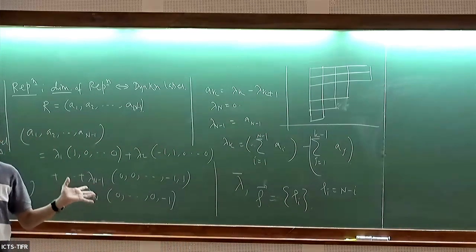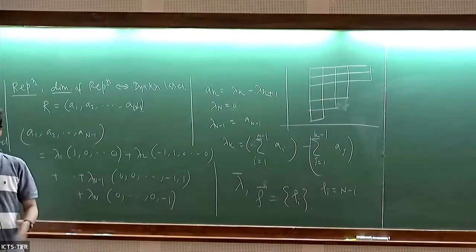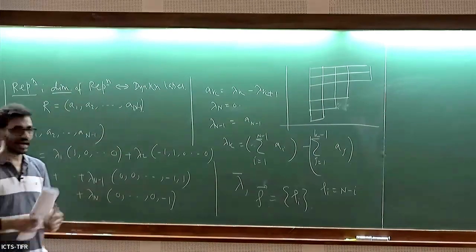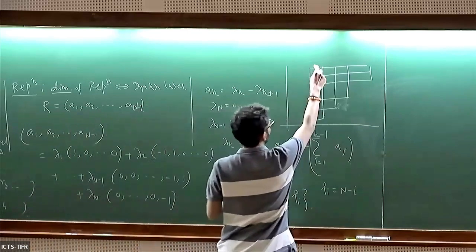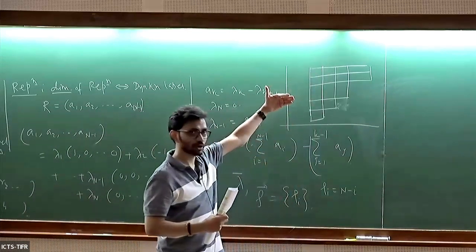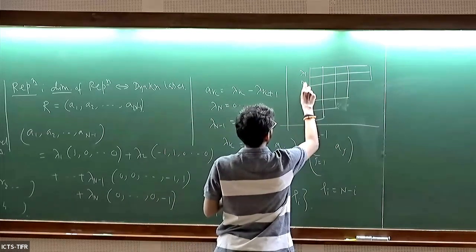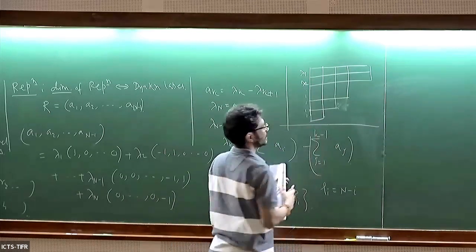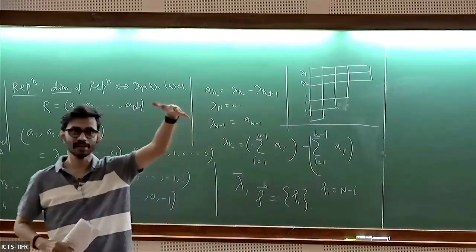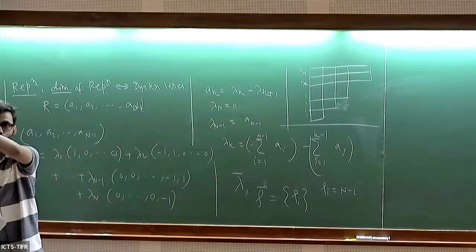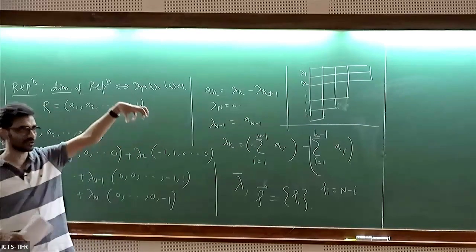I do not know the dimensionality, but I get to know that for the given representation, this is my Young diagram. These lambdas are nothing but, if you start from the top row and count the number of boxes, this is my lambda 1, lambda 2, and so on.